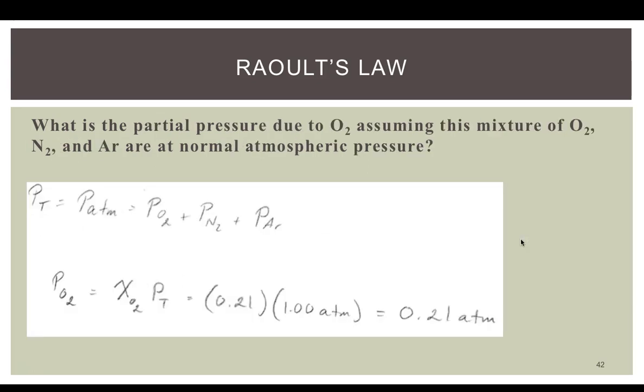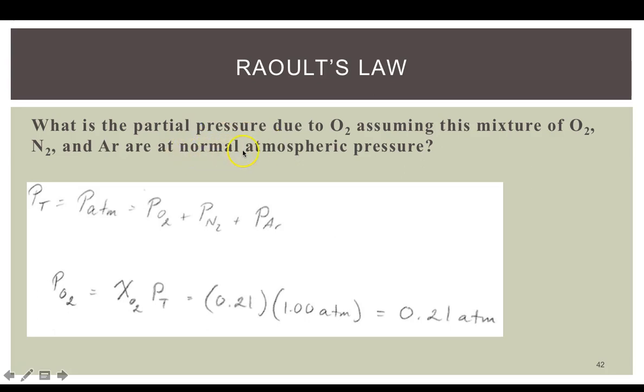The question says, what is the partial pressure due to O2, assuming this mixture of O2, N2, and argon are at normal atmospheric pressure? Doesn't give us a lot going on there. We do know that since it's a ternary mixture, the partial pressure of oxygen, plus the partial pressure of nitrogen, plus the partial pressure of argon, has to equal the total pressure.